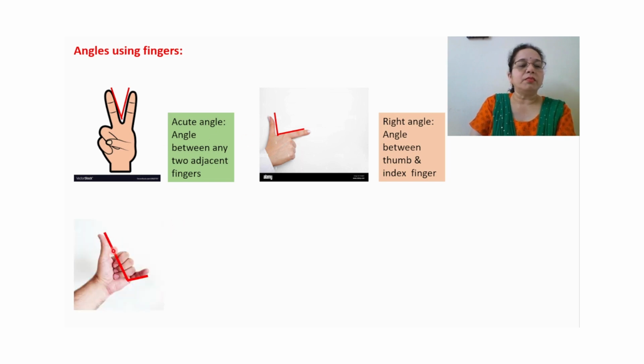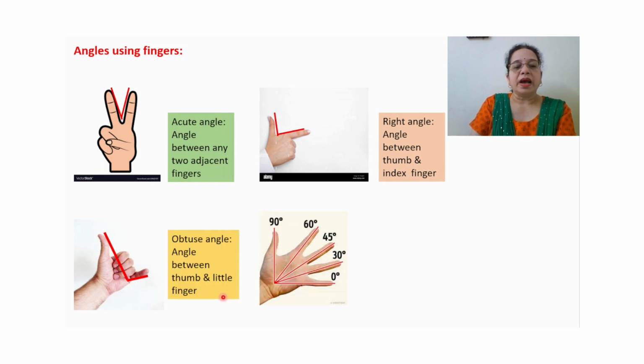The angle between thumb and little finger is known as an obtuse angle. And with the whole palm you can see all the angles. First little finger is 0 degree, then 30 degree, 45 degree, 60 degree and 90 degree. Sometimes without using your protractor, with the thumb you can get a rough or approximate idea of the measurement of the angle.